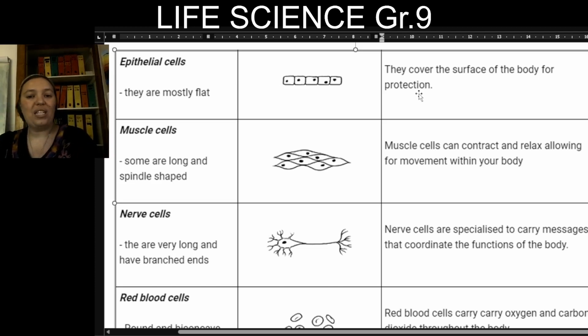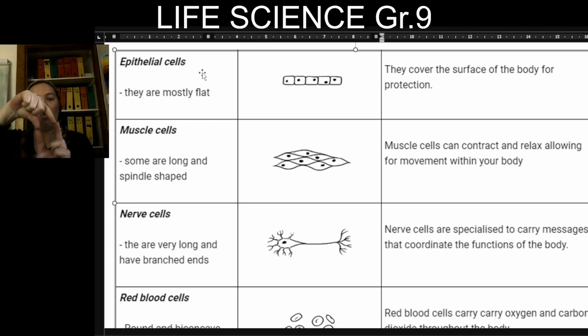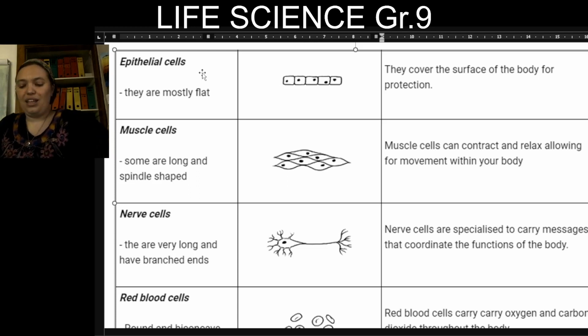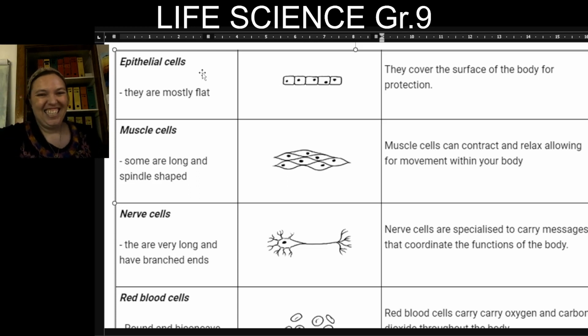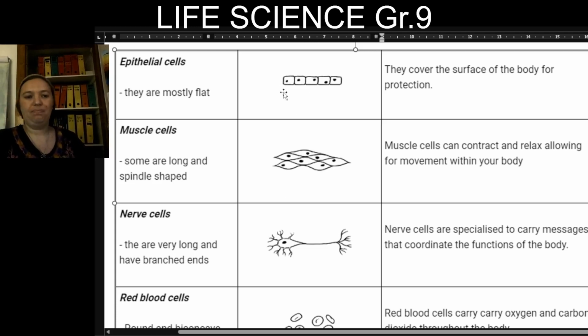And it's always there for protection. Because epithelial cells are like the layer on the outside, they're usually flat. We also do get long ones that we call columnar epithelials, but I think you only learned that in grade 10. That's basically long, looks like columns instead of like boxes.